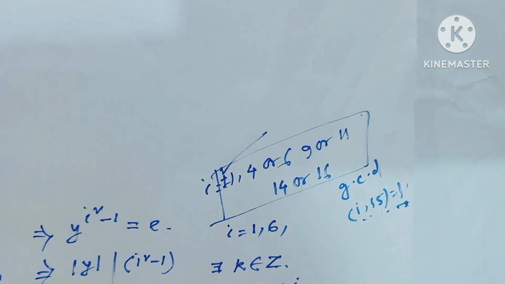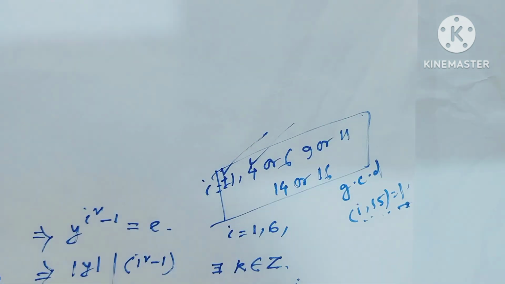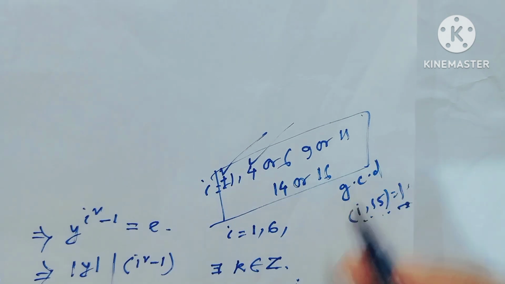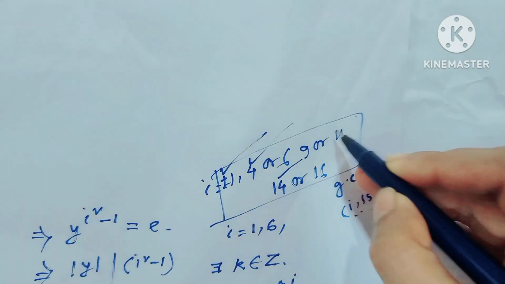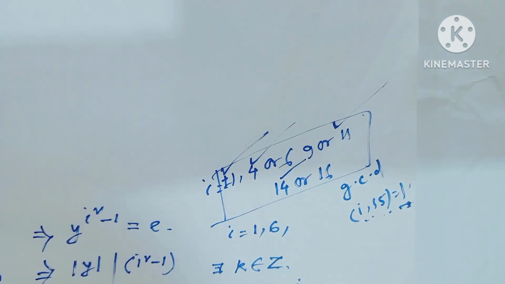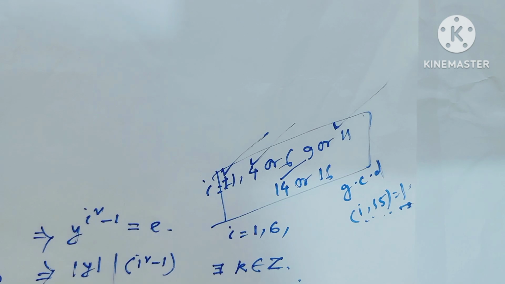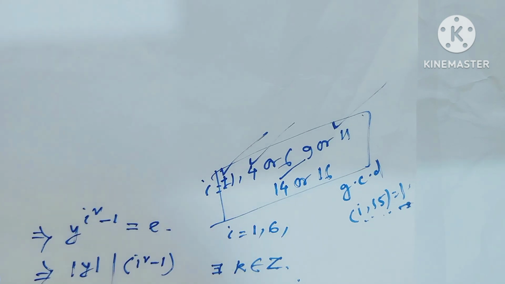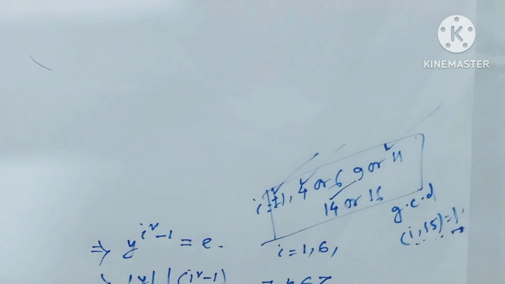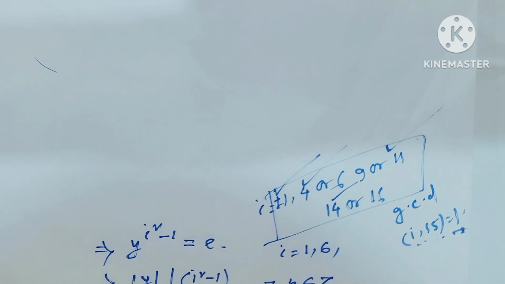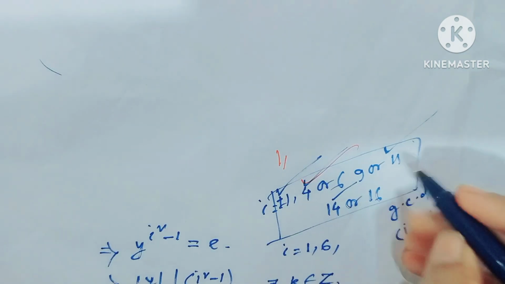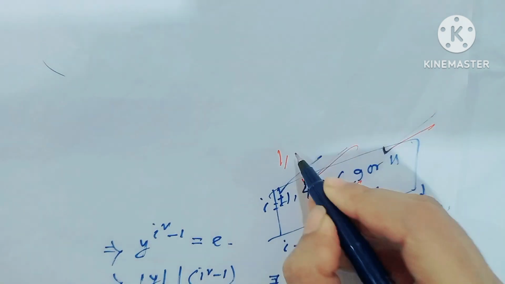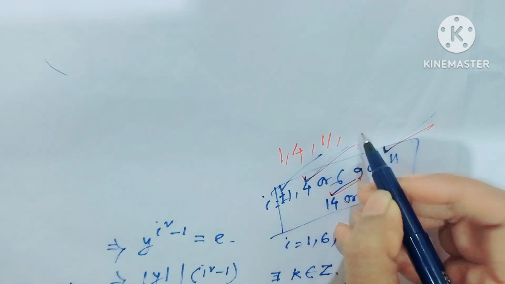So plus or minus 1 is possible, 4 possible, similarly 14 possible, also 11 possible. That means the possibilities are only 1, 4, 11 and 14.